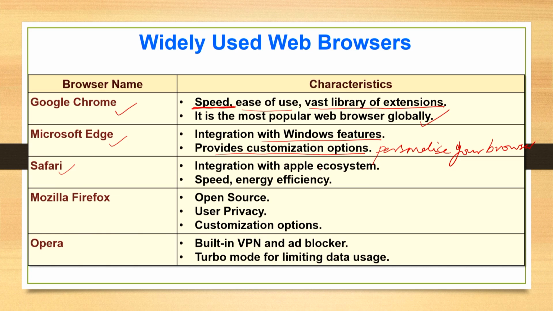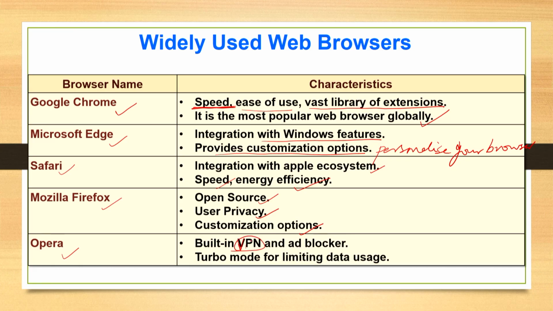Safari has an integration with the Apple ecosystem, speed is good and energy wise it's efficient. Mozilla Firefox is open source and it provides privacy, it also provides a customization option, that is, personalize your browser with themes and others.